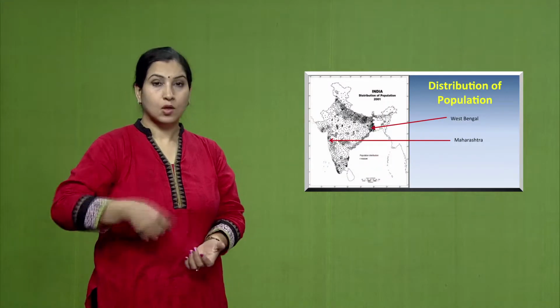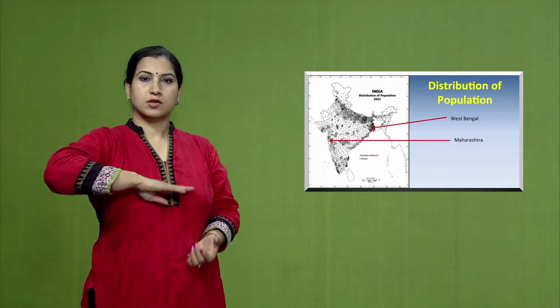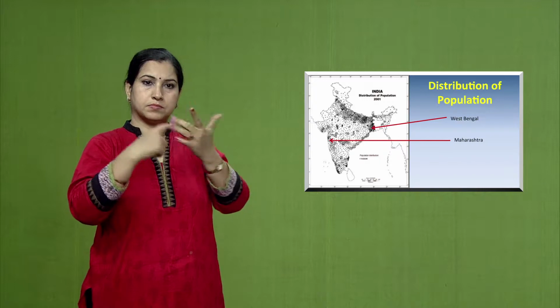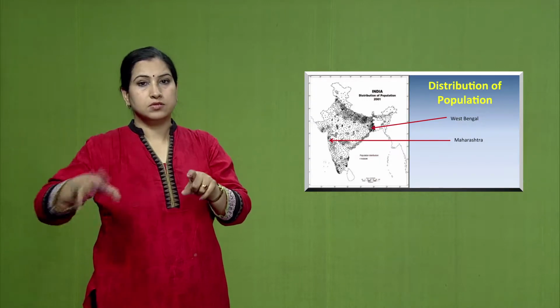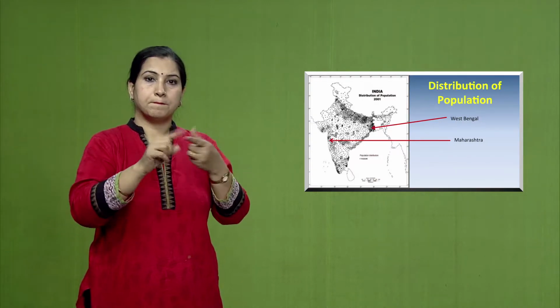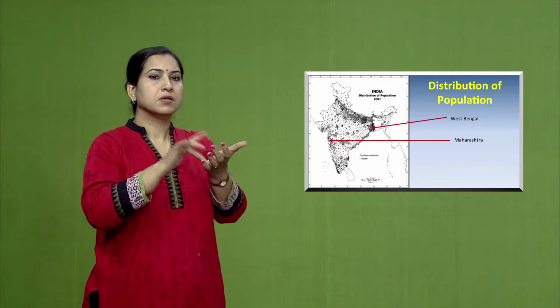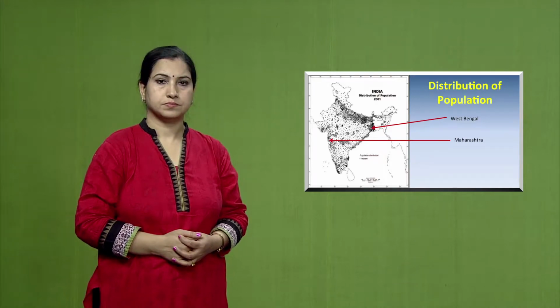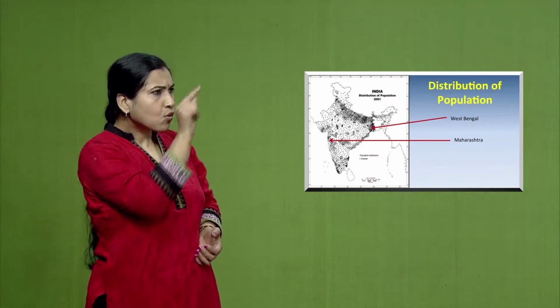Let us look at the states of Maharashtra and West Bengal in the map. The patterns of the spread of population in them are different.